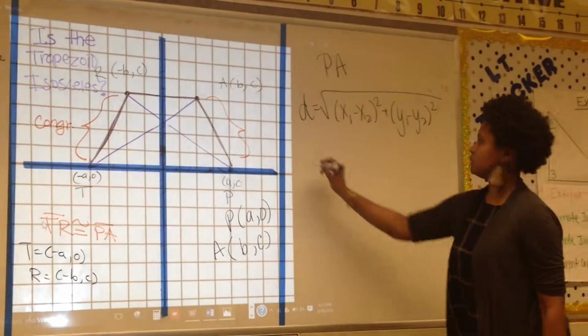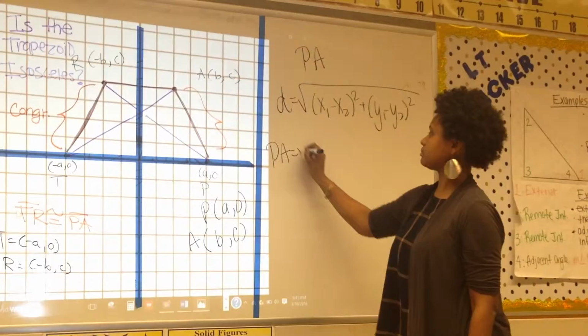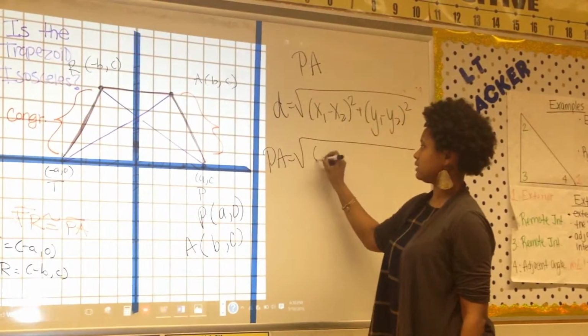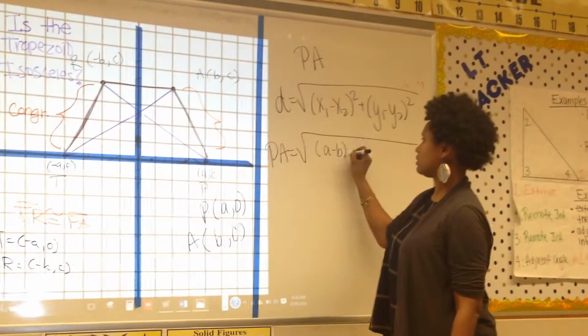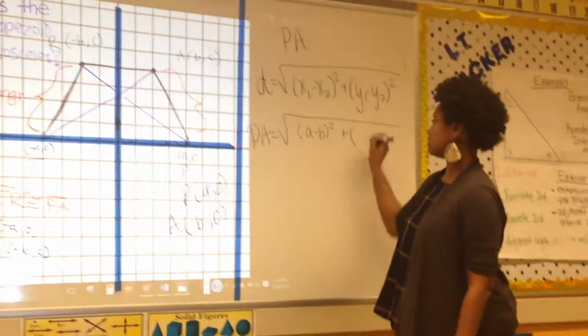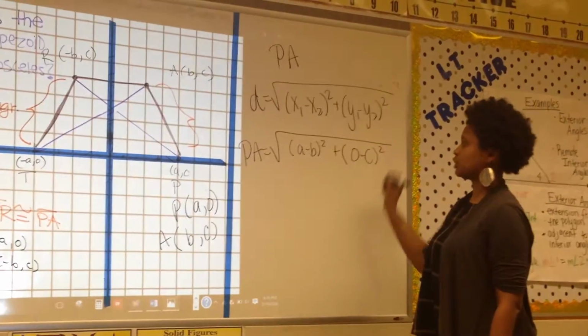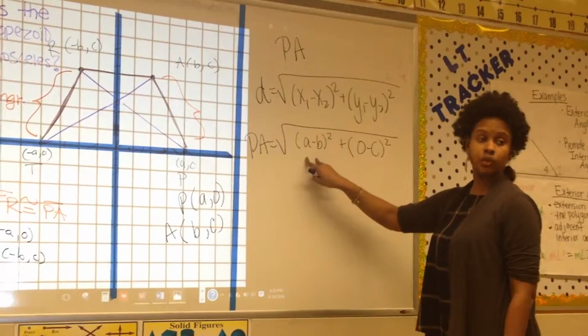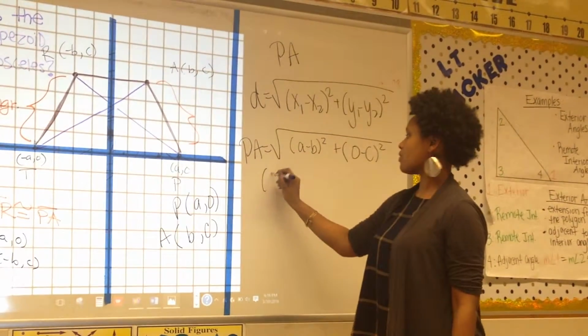So I'm going to start with P. I'm doing A minus B squared plus 0 minus C squared. So once again, you see I have this A minus B squared. So I'm going to FOIL it out for you.